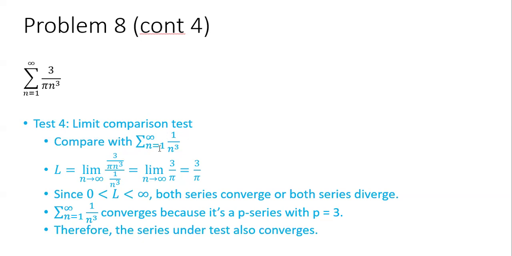We know this converges, it's a p-series, p equals 3, p is greater than 1, right? So since this one converges, our series converges as well. Okay, this, again, I think is a pretty good problem to really exercise your knowledge of different tests on this exact same series. And you should get the same answer for all these different tests, which we did.